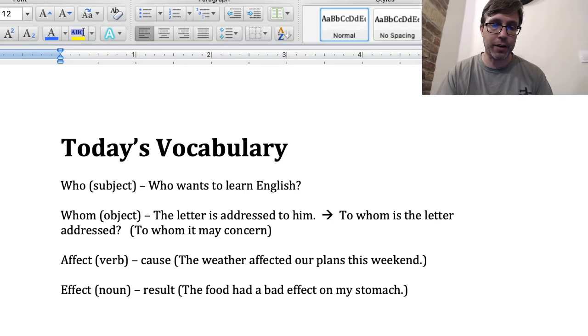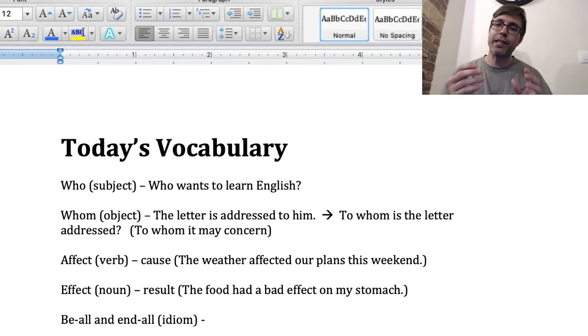And the last question that Aiden had, which was the be-all and end-all. This is more of an idiom, and you would say that something is the be-all and end-all of something else. And what it means is, if something is the be-all and end-all, it is referring to the most important thing.